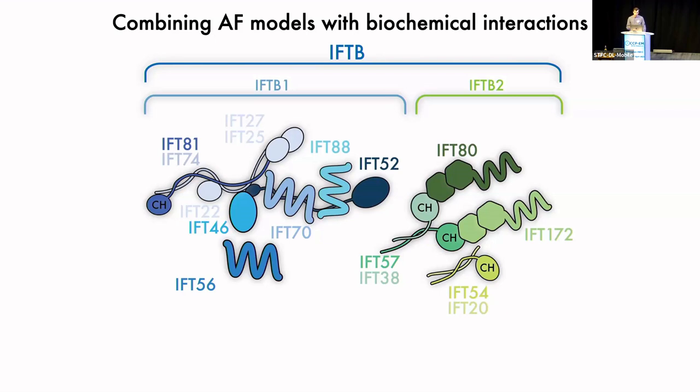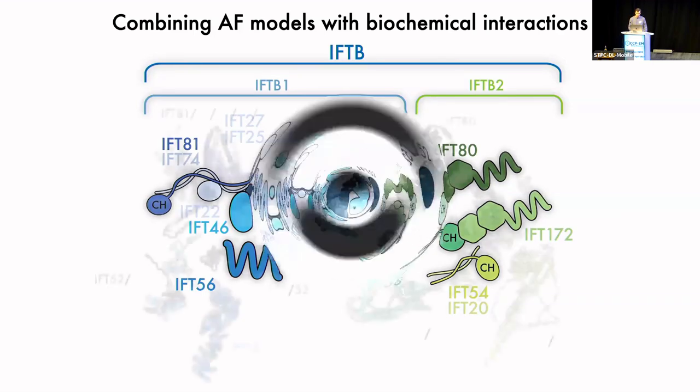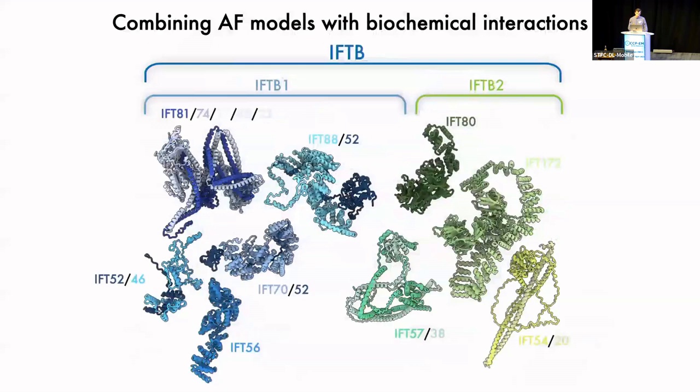And we informed the way that we would ask AlphaFold to predict these structures based on these biochemical interactions. So for example, we know that IFT54 and IFT20 are a coiled coil that interact as a heterodimer. So we folded the multimers in this way, and then we can start to fit them into our density.